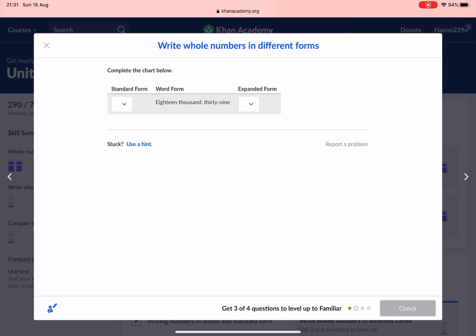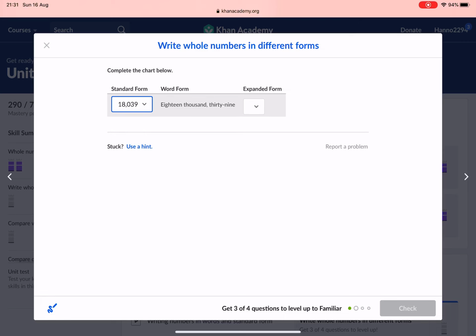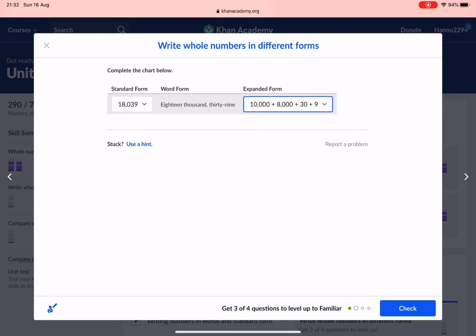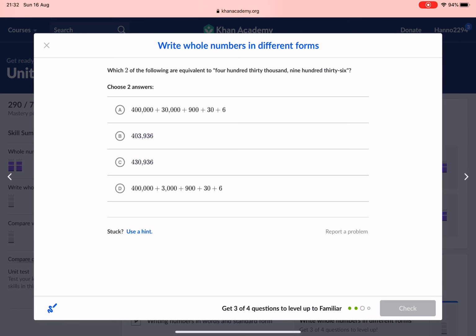Now I need the standard form, which is 80,000. 18,000 is not the lowest, since 80,000 is a 5-digit number, so it's called 39. This is 80,039. Next, we add up to this one. Check. I was right.